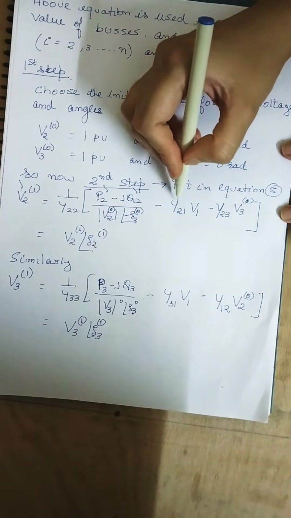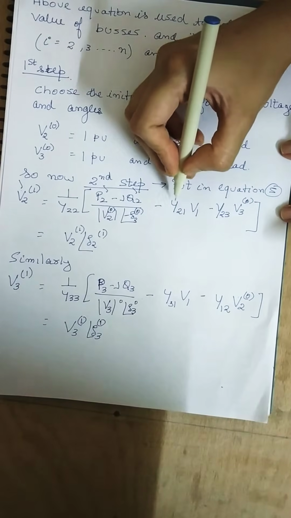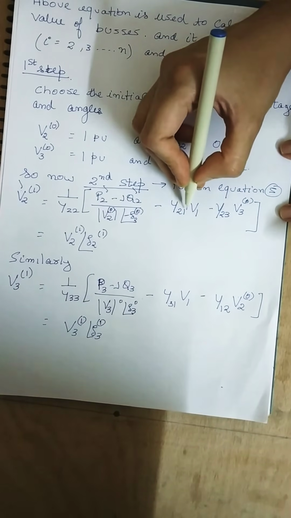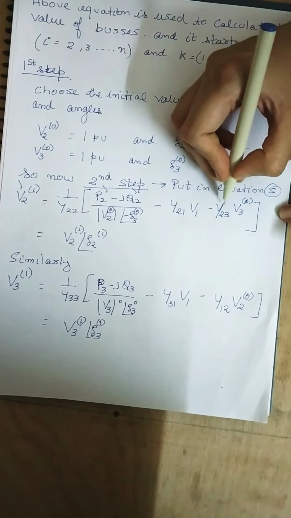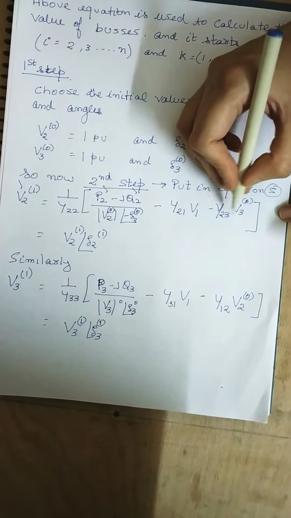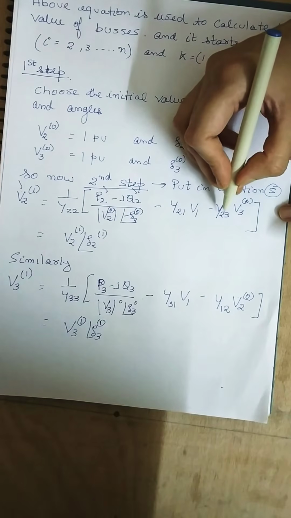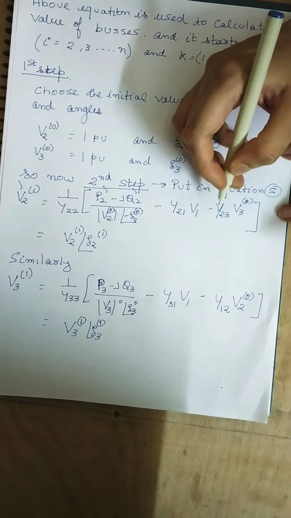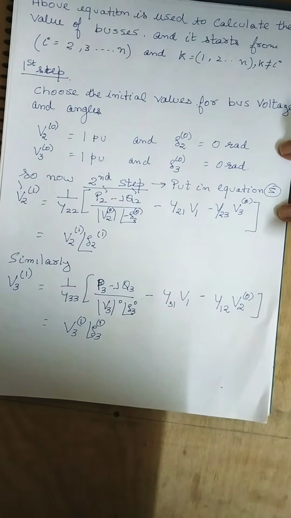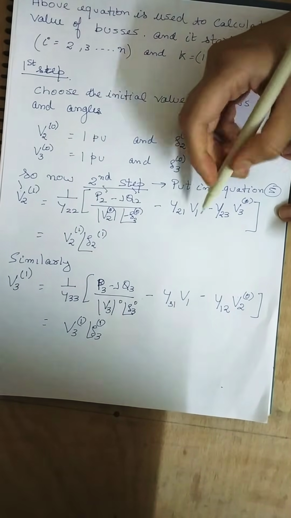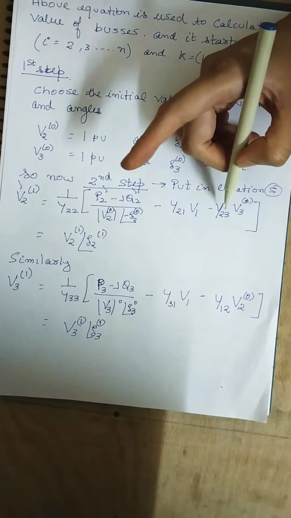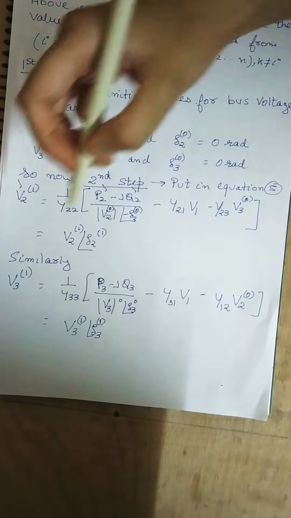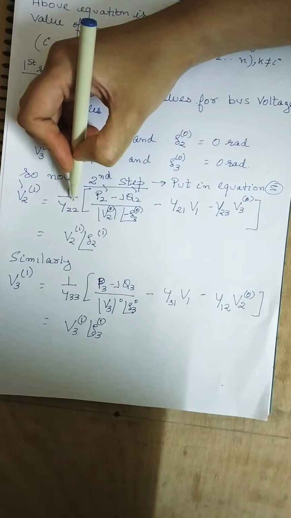Then the summation of Yik Vk. I put i equal to 2, so Y2k is Y21 V1 minus, there should be Yik Vk, so i equals 2 and k also equals 2. But there is a rule here that k should not be equal to i. That's why I put k equal to 3, and we skip k equal to 2, because we have already used Y22 here.